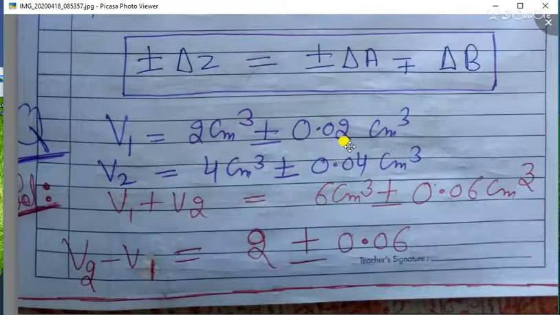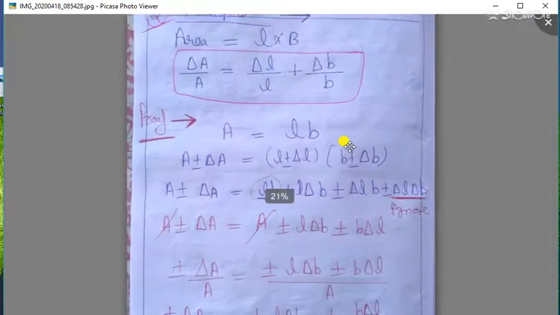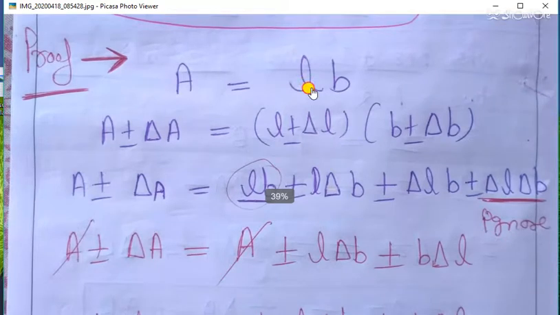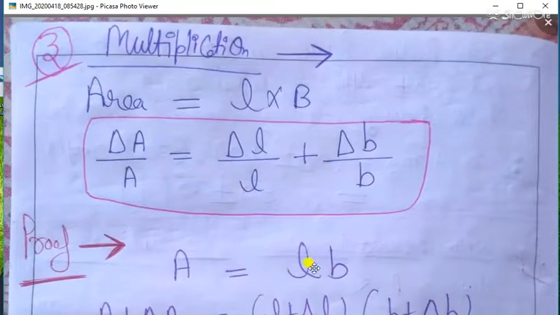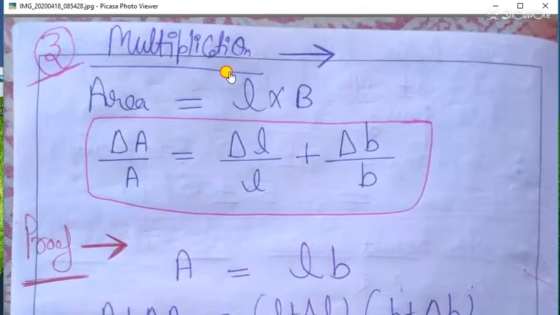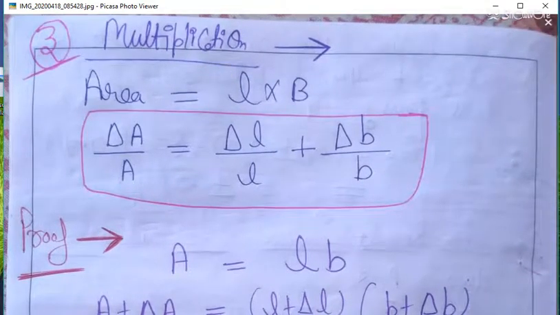So today we will discuss when the physical quantities are multiplied. If we want to find the area, then area is equal to length into breadth of a rectangle.